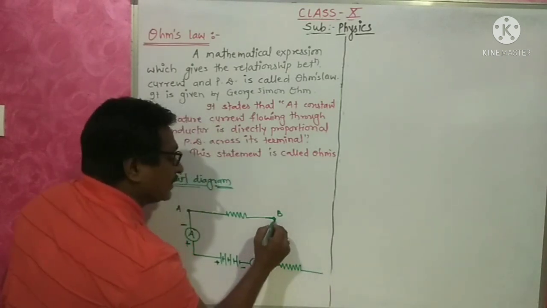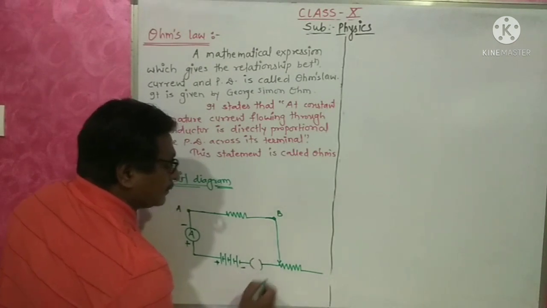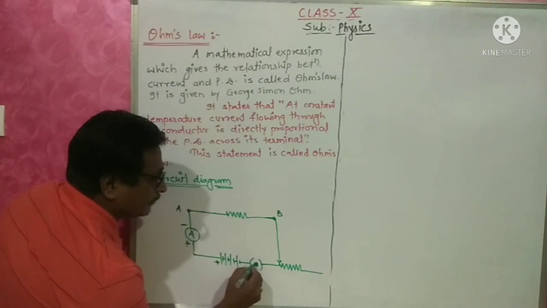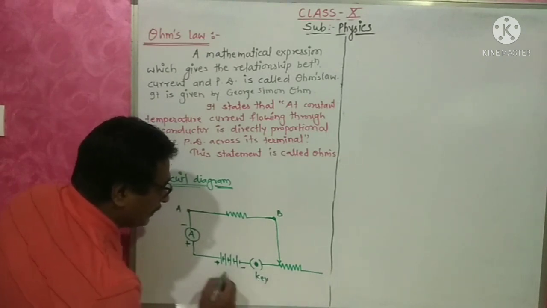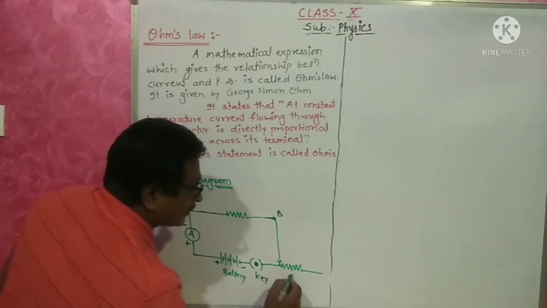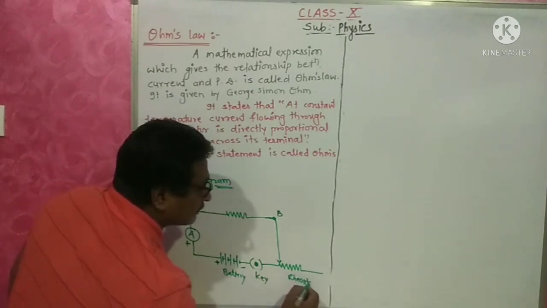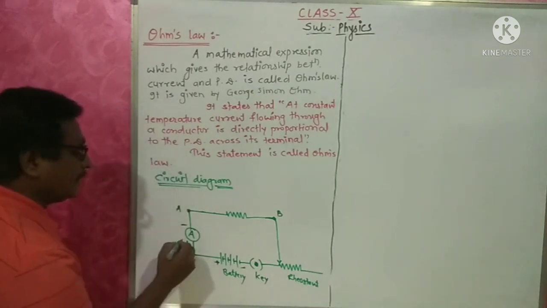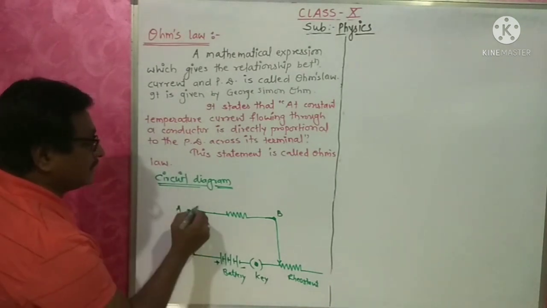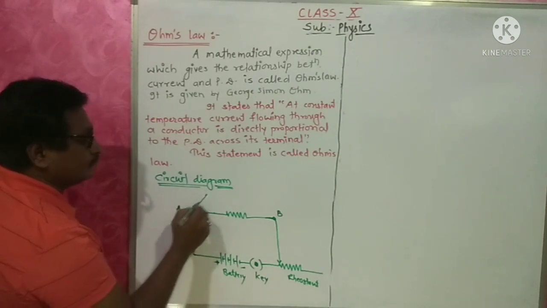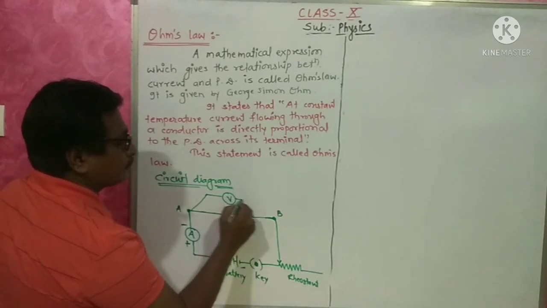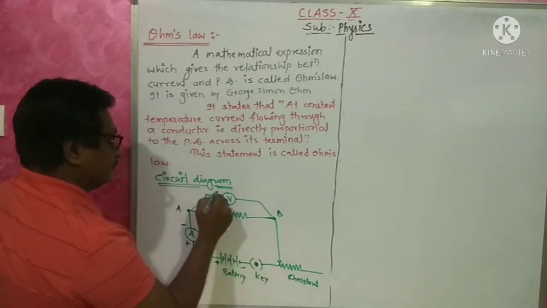And this is the rheostat. This is the key, battery, rheostat, ammeter to measure the current in the circuit, and voltmeter.